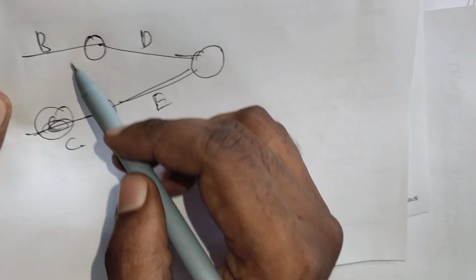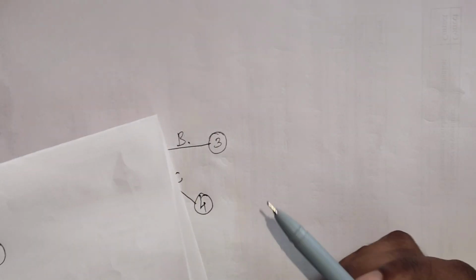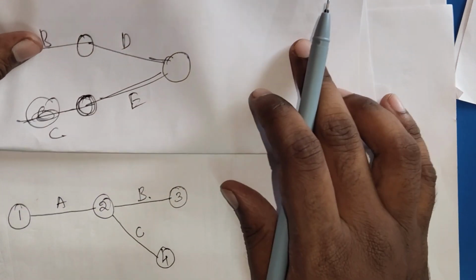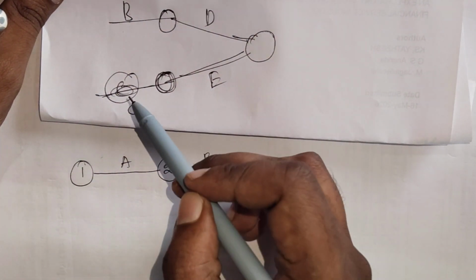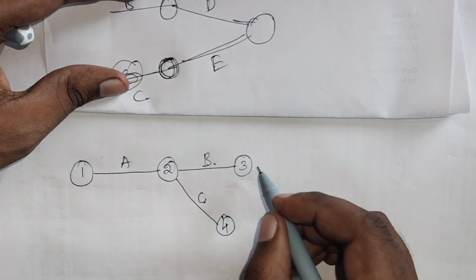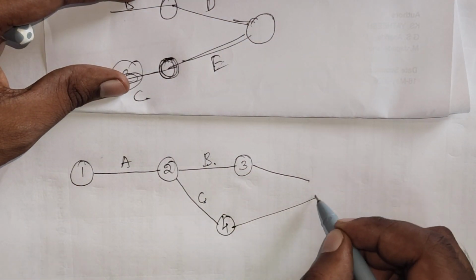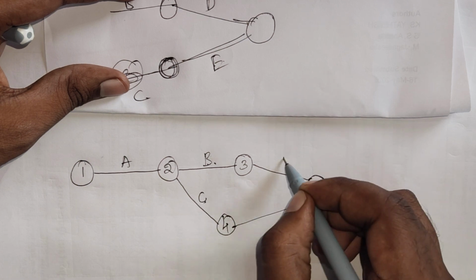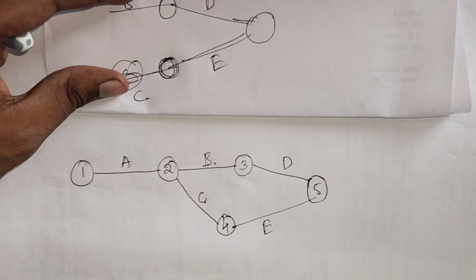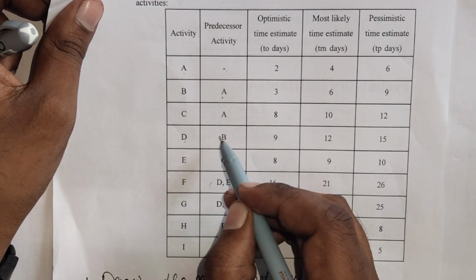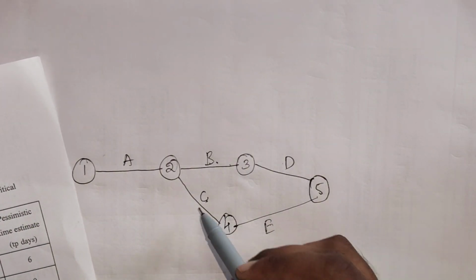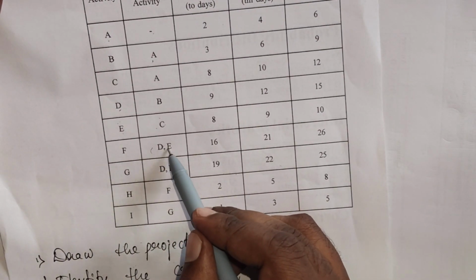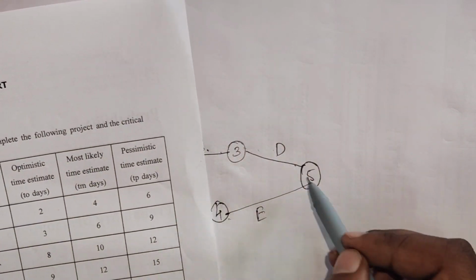B is here, C is here. We need to draw D and then E, and it will become node 5. Why? Because D is derived from B, E is derived from C, and D and E end up together.